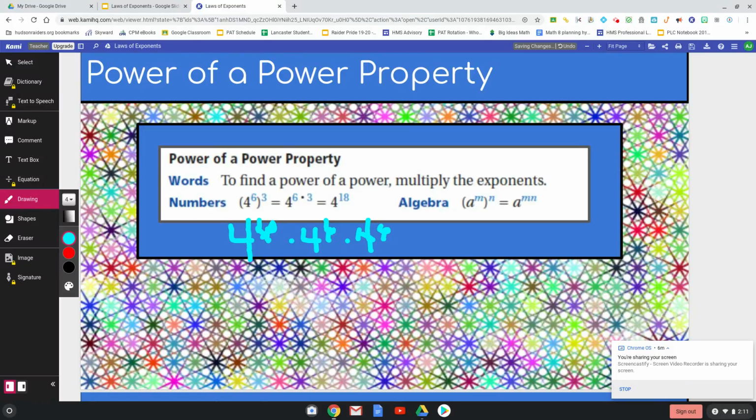We could use the previous rule to help us solve this problem, or we just know that if we have a power raised to a power, we multiply those exponents. So this becomes 4 to the 18th power. Same thing with algebra. We have a to the m power raised to the n power. We would multiply those exponents. And we'll go over more examples in a minute.